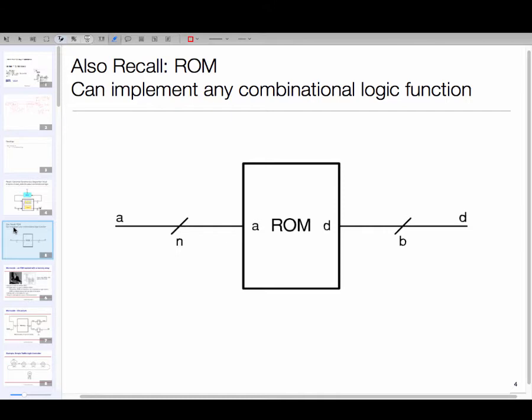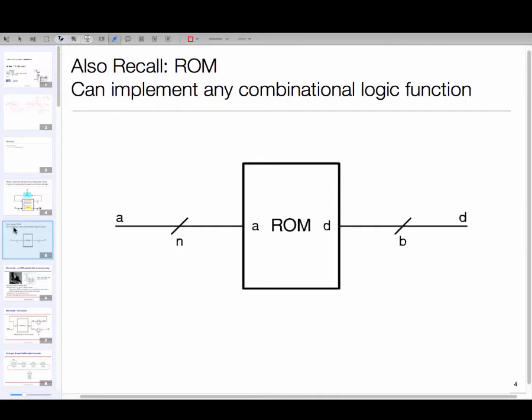So the basic idea is that the ROM is a general purpose combinational circuit which takes n bits and produces b bits. It can implement any function which has n bits of input and b bits of output. Conceptually, a ROM is a table where I have 2 to the power n slots, and each slot holds a constant value of b bits.